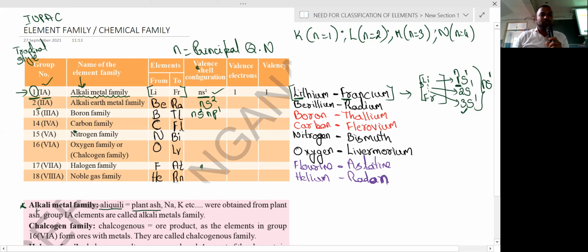Are you able to understand? Now let us go to the second group elements. We call it group 2. Is that traditional or modern? Modern. In the traditional system we have 2A. The name of the group is the alkaline earth metal family. Earlier you might have remembered, I said the first group is like plant ash in the ocean.